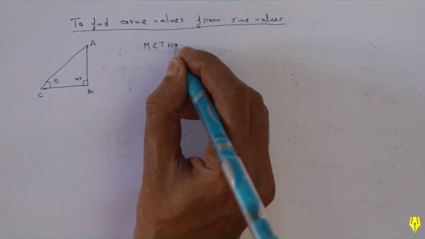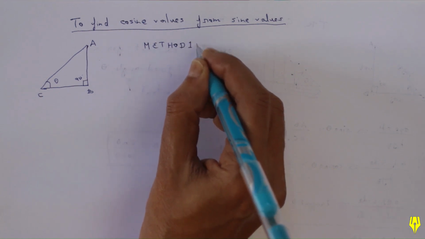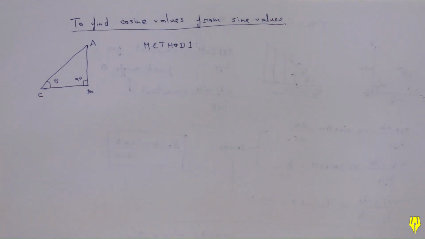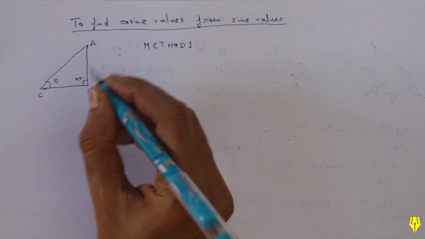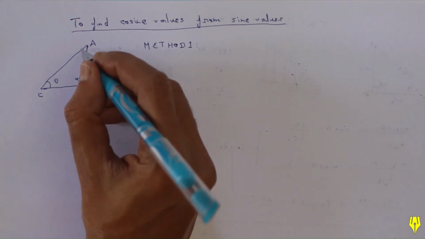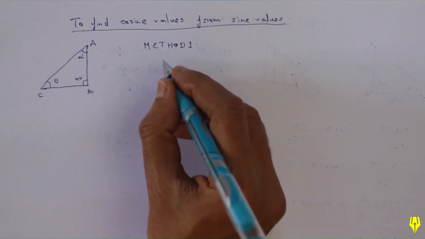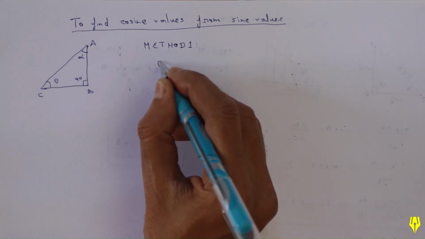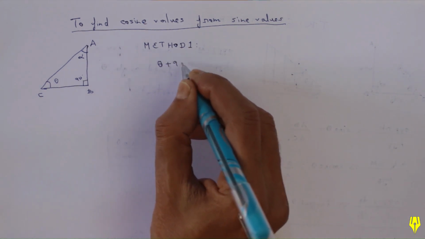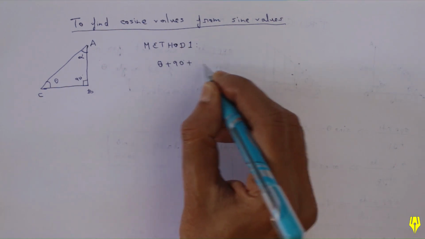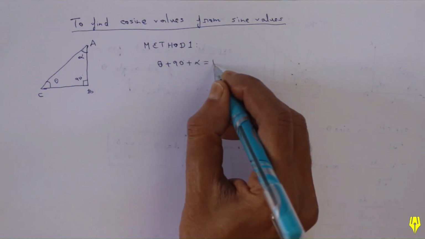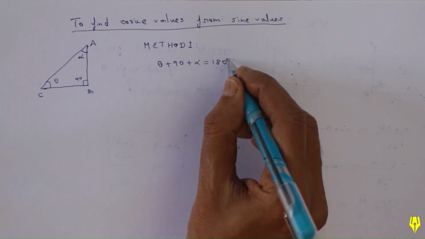There are two methods to find cosine values from only sine values. So we have two angles, theta and 90, and let us put another angle alpha at vertex A. We know that in any triangle, the sum of angles will always be equal to 180 degrees.